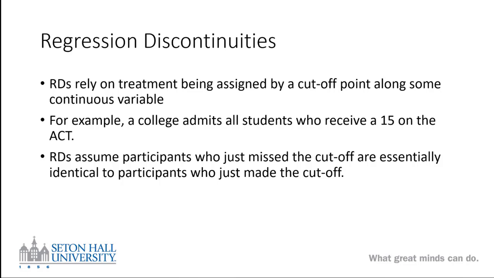So what a regression discontinuity assumes is that students who just missed the cutoff, so students who made a 14 on the ACT, are going to be essentially identical to students who just made the cutoff, so who received a 15 on the ACT, for example. Right. And so those students who just missed the cutoff now become the counterfactual to being admitted to college.